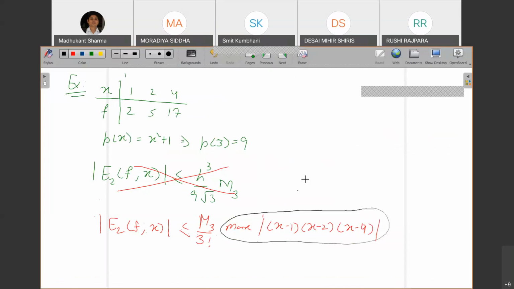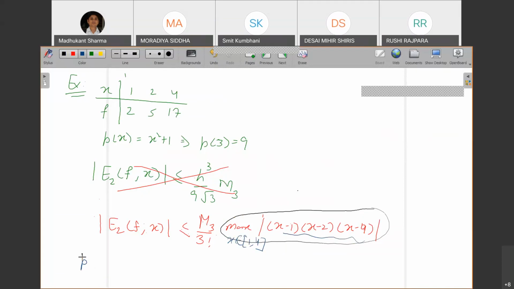You are asked to identify the maximum of this over the interval, so x belongs to 1 to 4. This is a cubic polynomial.